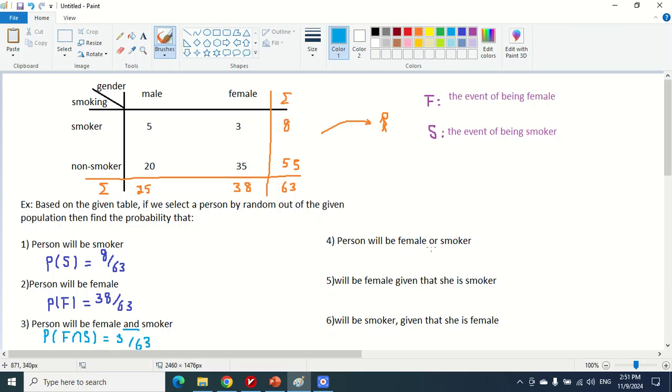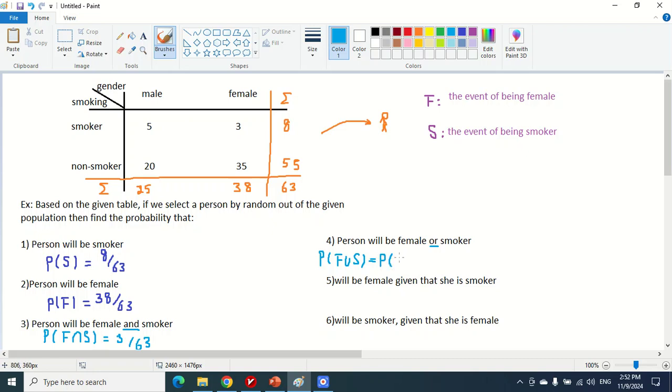In the next part, we ask you to find the probability that the given person is female or a smoker. When we use the word or, as you remember, it means that we are looking for the probability of the first event, being female, which we determined by F, union being a smoker. So because it's or, we use a union over there, and based on the additive rule, this expression is equal to the probability of the first one.